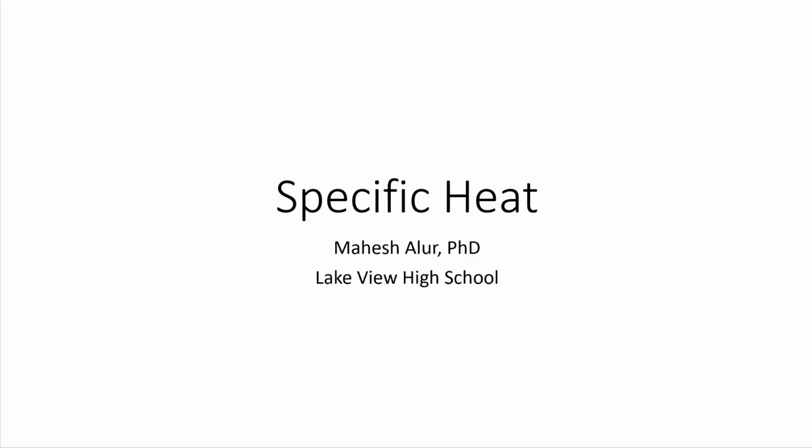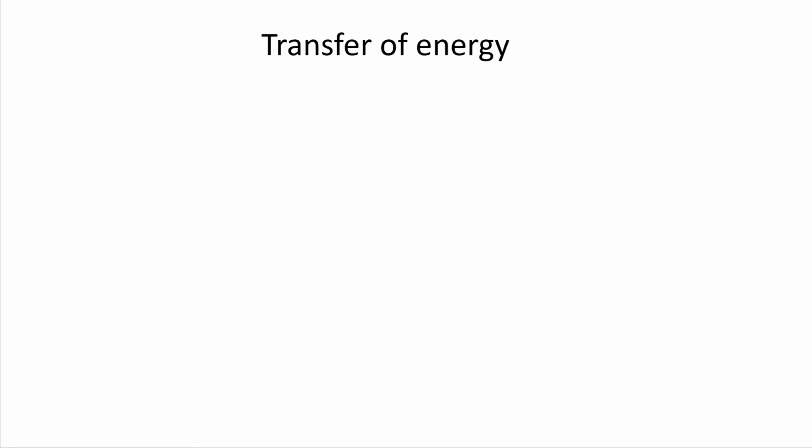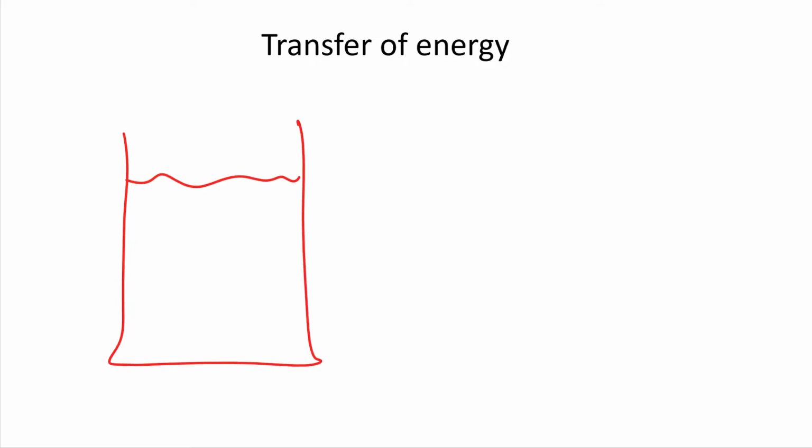So I'm going to talk to you today about specific heat and how to calculate transfer of energy. In our previous laboratory investigations, we saw that energy can be transferred between two objects that are of different temperature. So you had a beaker, in many cases at a certain temperature, right? Maybe 80 degrees Celsius.